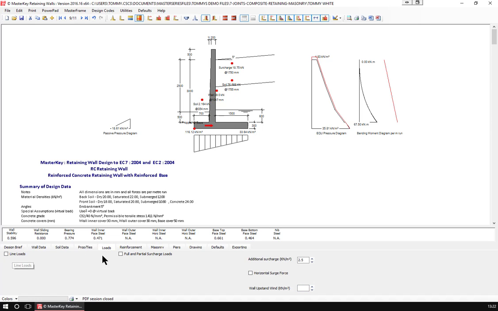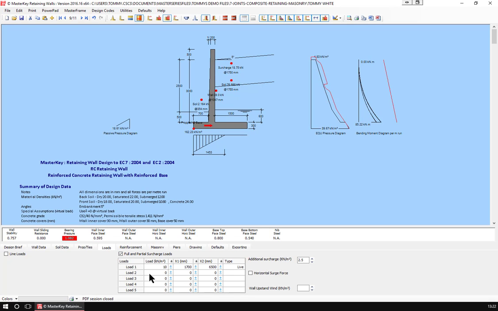So then we have the full and partial UDLs. As you can see, I've gone for a 10 kilonewton live load between 1.7 and 6.5 meters. So from about here all the way back, I'm putting in this additional 10 from construction, from a house, from whatever, although probably a line load would be more applicable.